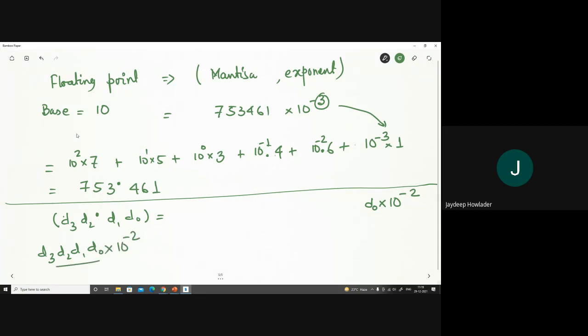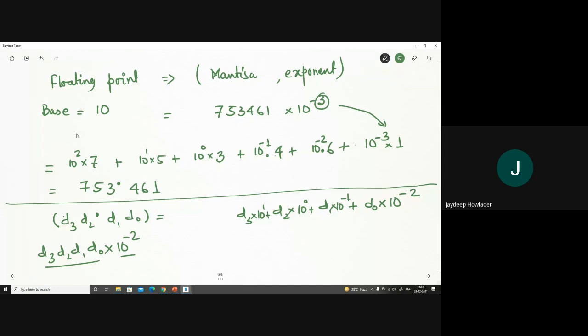Okay, so this is the mantissa, this is the exponent. So we start with d0 into 10 to the power -2, then d1 into 10 to the power -1, then d2 into 10 to the power 0, and d3 into 10 to the power 1, and their summation.